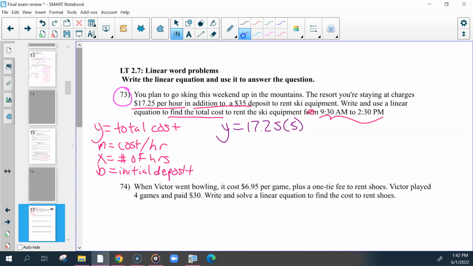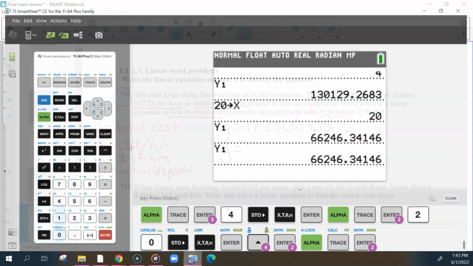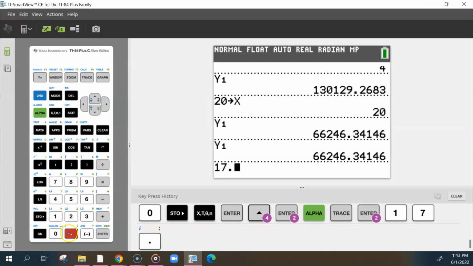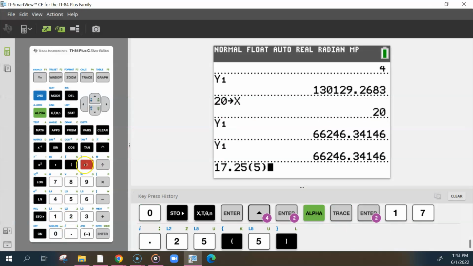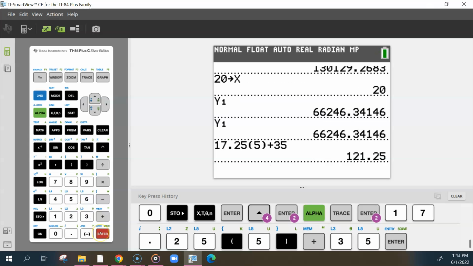And then the initial deposit here will be $35. Once we have all that put in, we can put that in our calculator and find what our y value is, which would be $121.25.